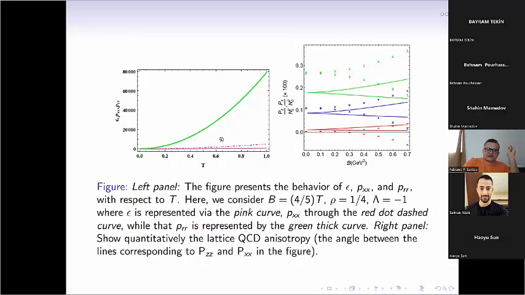If I look at the behavior of the pressures, I have a good agreement with the QCD lattice. Of course, we are performing a mimic.